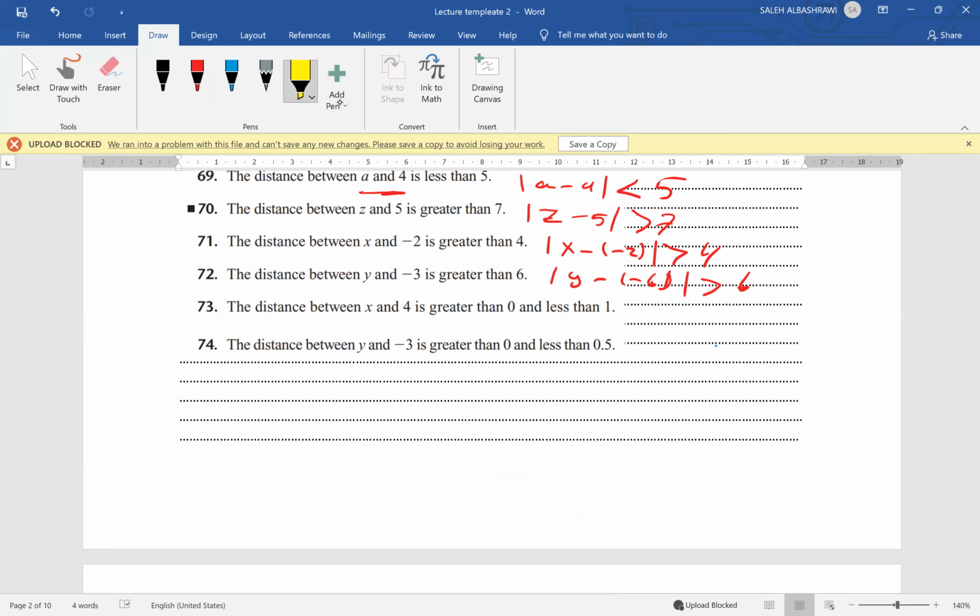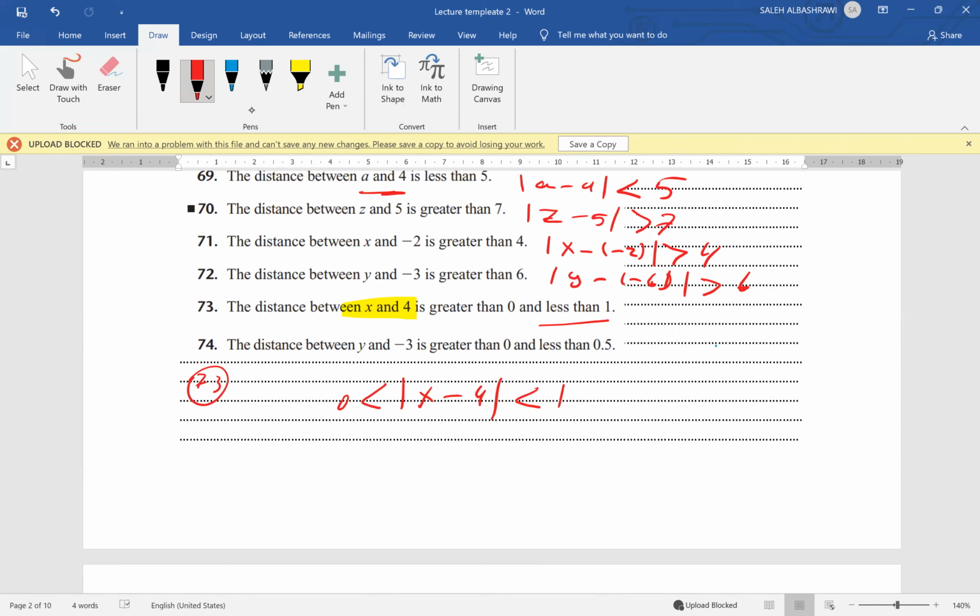Just focus on this one, the distance between x and 4. The distance between x and 4 is given by the absolute value of x minus 4. Now it is greater than 0 and less than 1. That can be written in this form: the absolute value of x minus 4 is greater than 0, but less than 1.